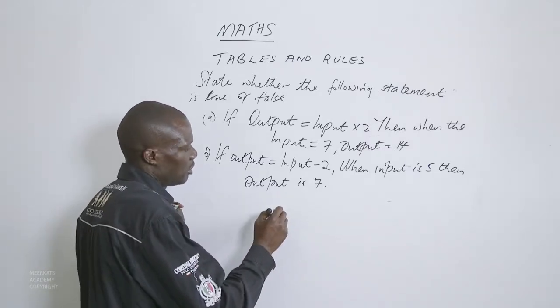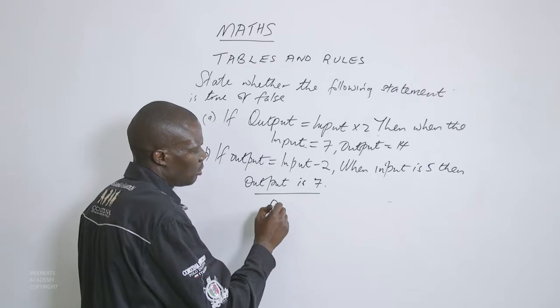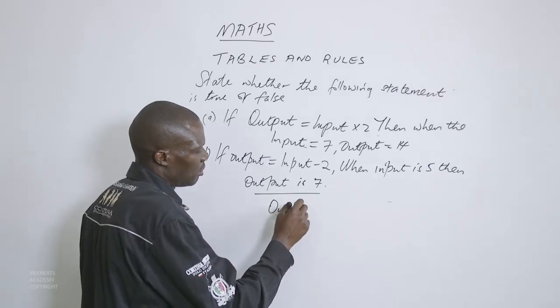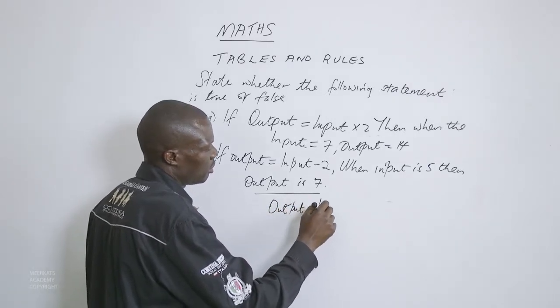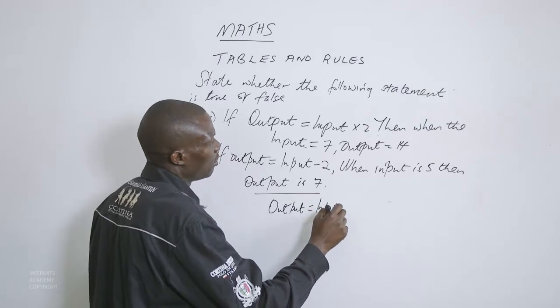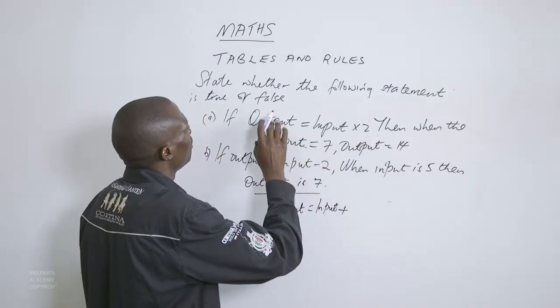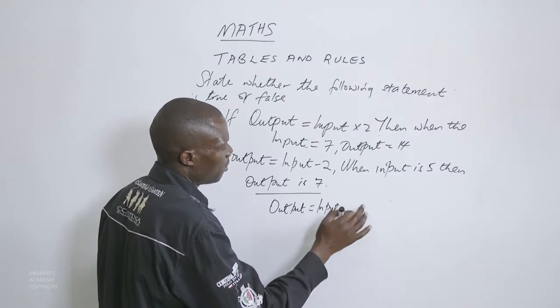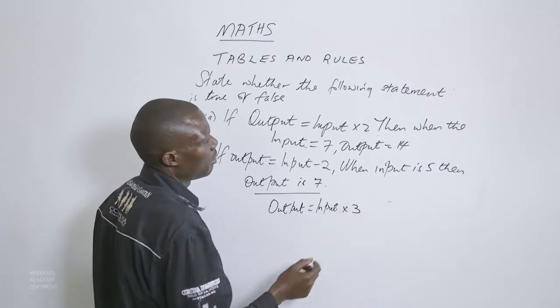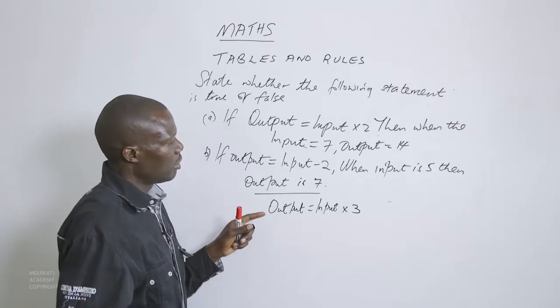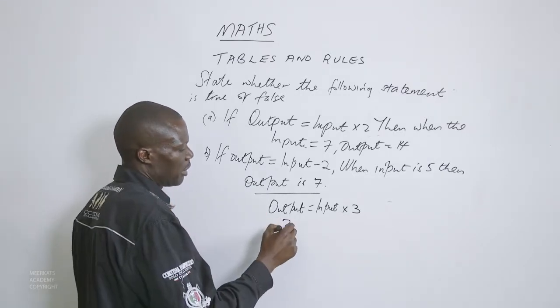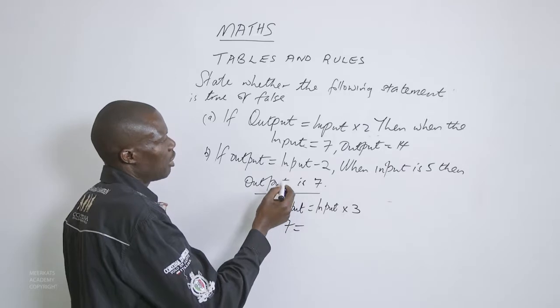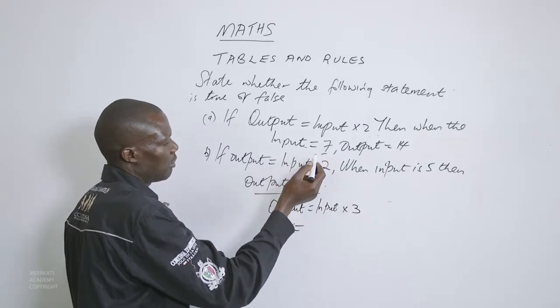Output equals input multiplied by... They are saying that 7 is the value of the input here.